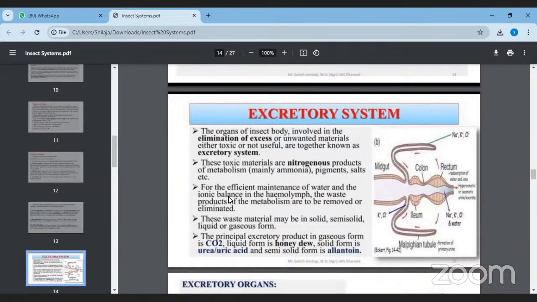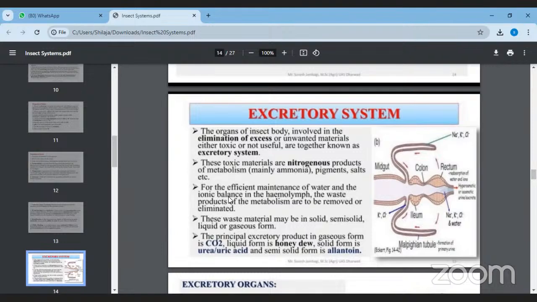The Malpighian tubules were discovered by Marcello Malpighi in the 17th century, and the rectum also has an important function in excretion, in reabsorption of salt and water.